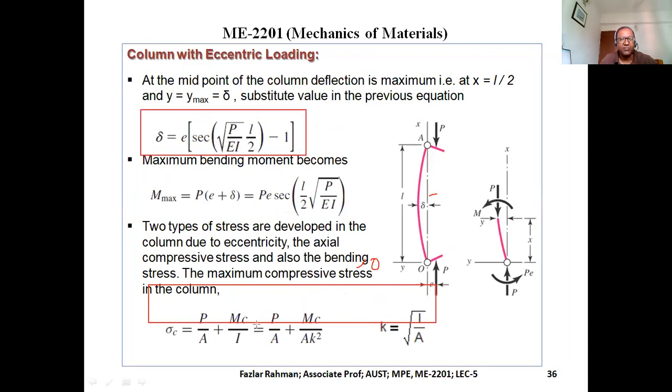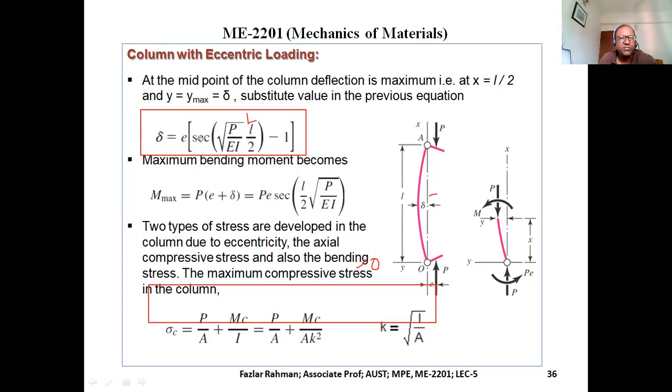Again, L by 2, this L is actually the physical length of the column. So you see this delta, that means the maximum deflection of the column at the midpoint, will be this value.